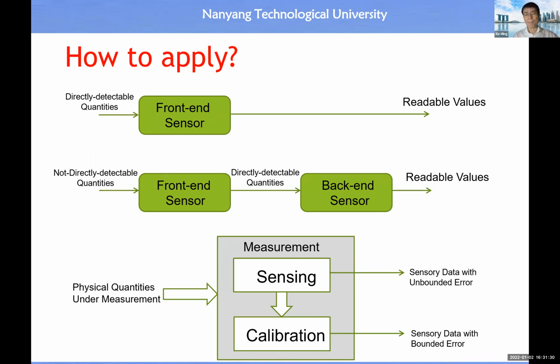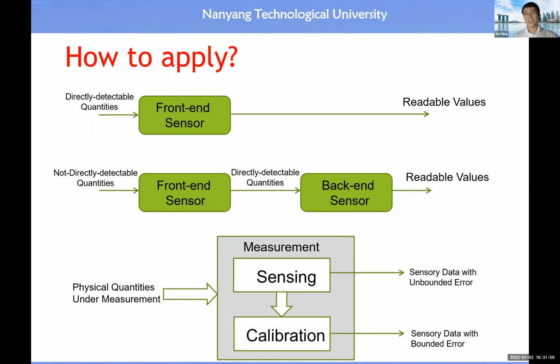Step number 1 is to design the sensing element, which will transform the value of the physical quantity on the measurement into readable value. The second step is to calibrate the sensing and the measurement system so that the output from the sensor is exactly equal to the input value of the physical quantity on the measurement.